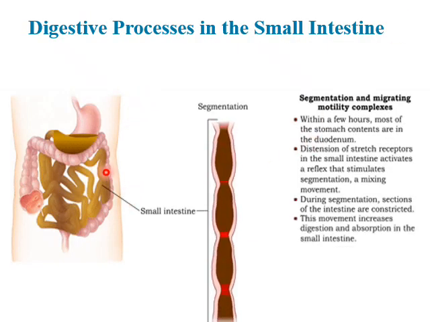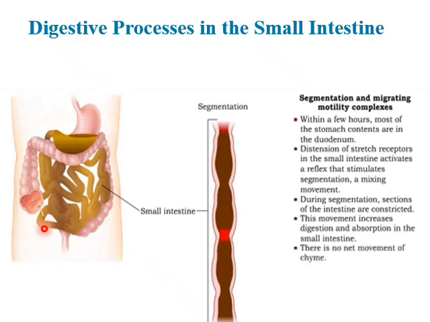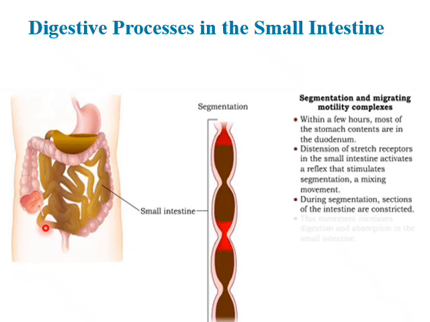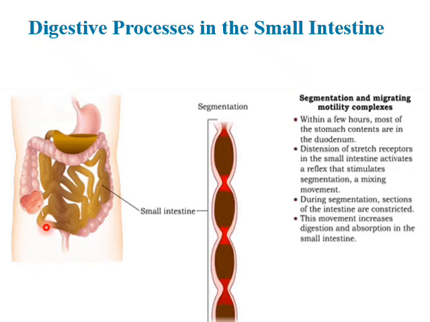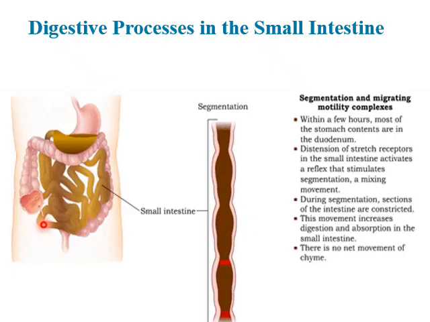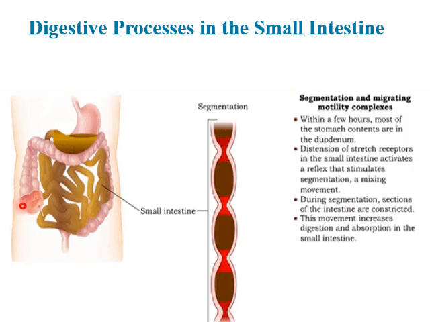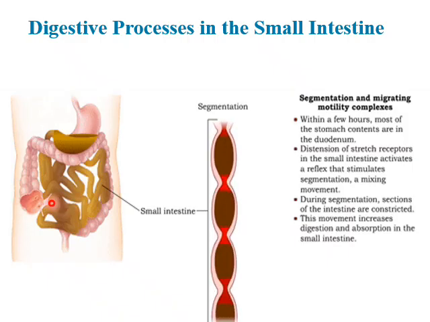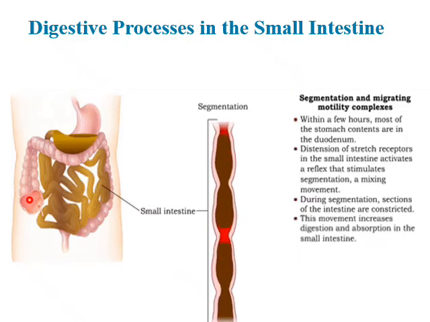Now let's take a look at the distal end of your intestine, which is the ileum. Your undigested particles in the ileum are now getting ready to get into the large intestine. The first stop in the large intestine will be a sac, which you call the cecum. Before the food gets into the sac, it will have to enter through a valve, a gate that will open, which you call the ileocecal valve.